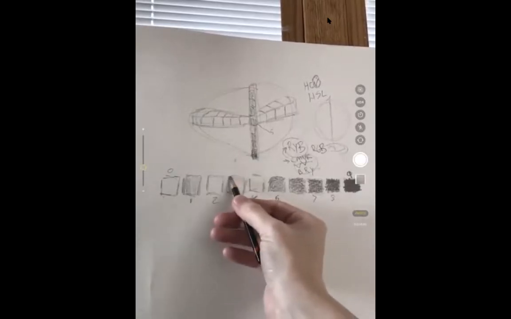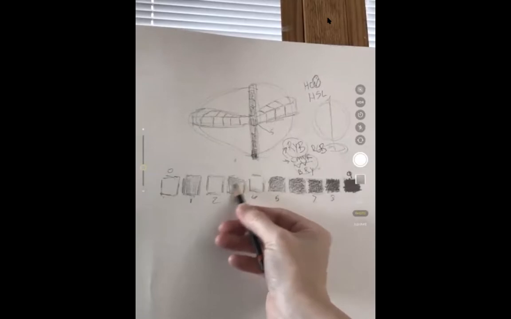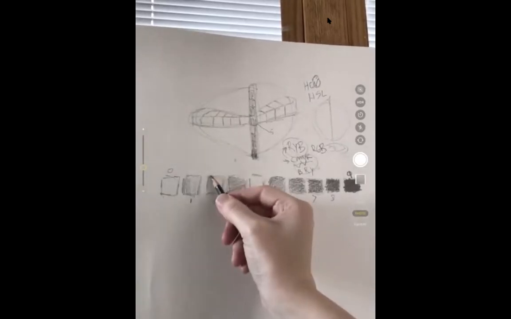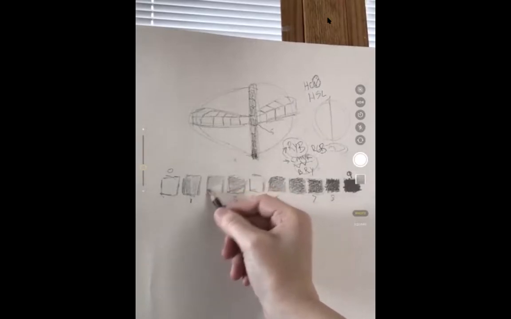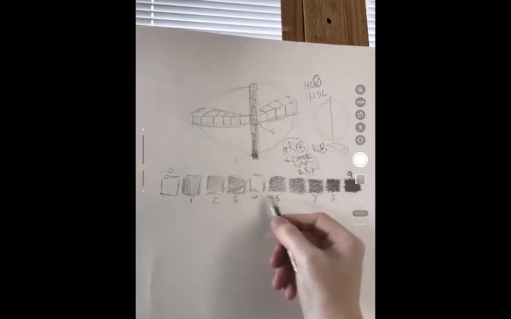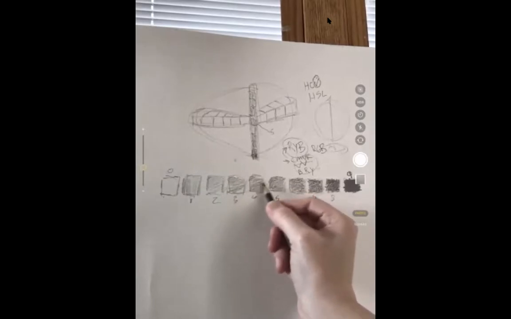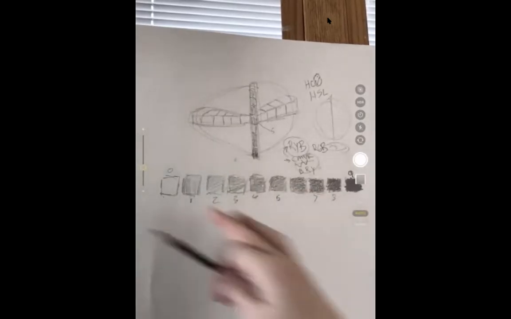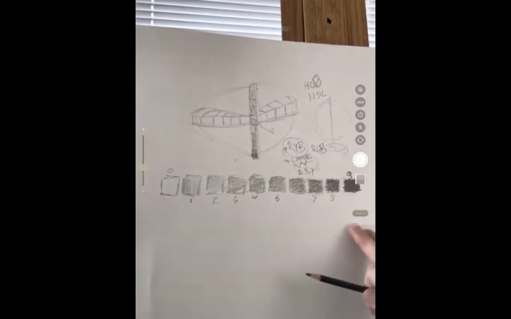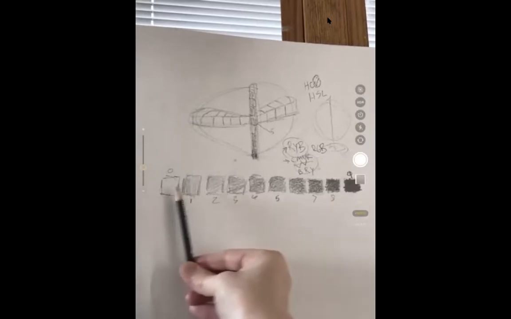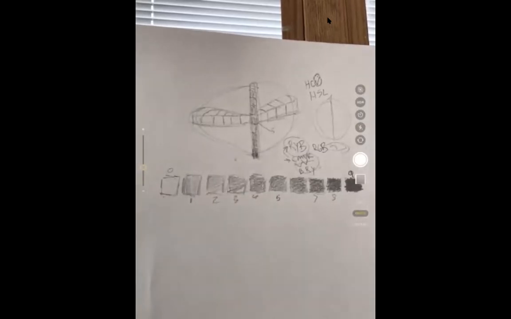What's in between that? 3 and 1, what's in between that? 3 and 5, what's in between that? Our hope is that when we look across, we're able to see a gradual progression of value.